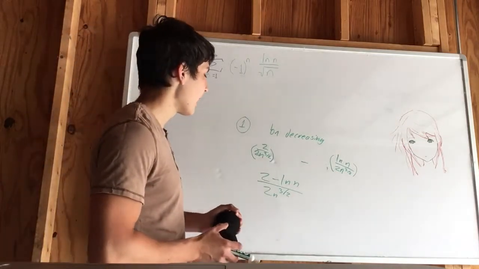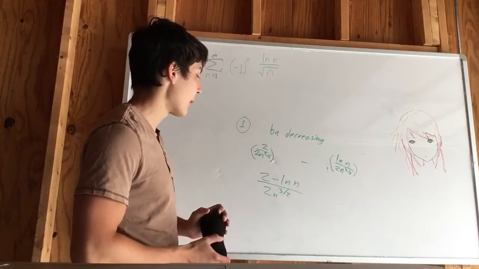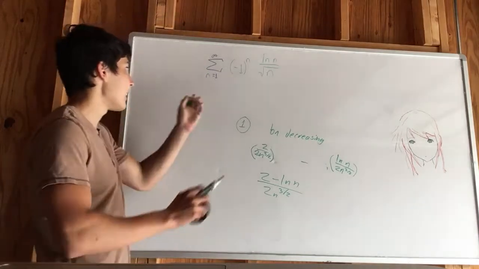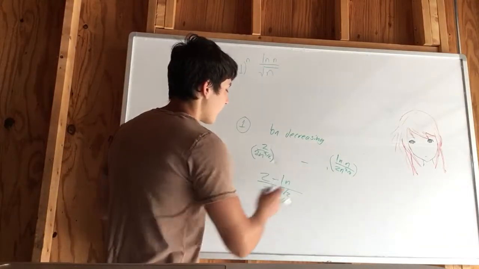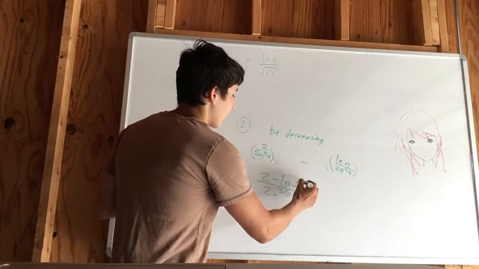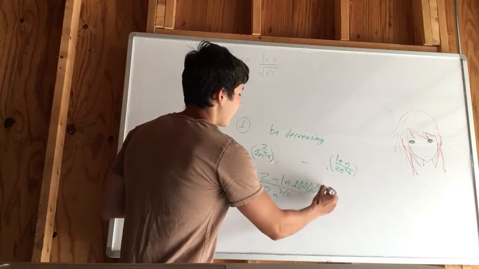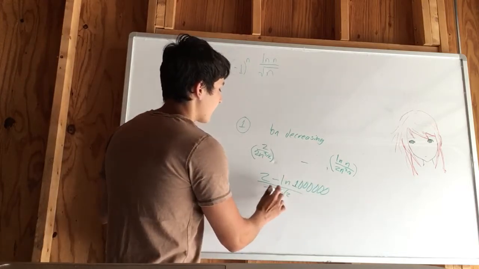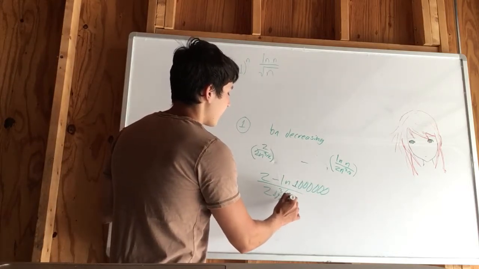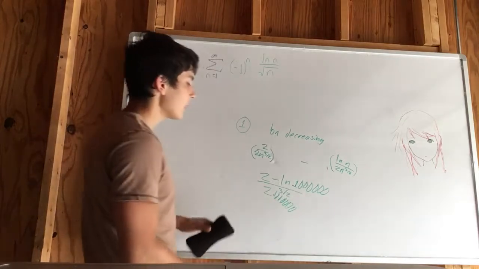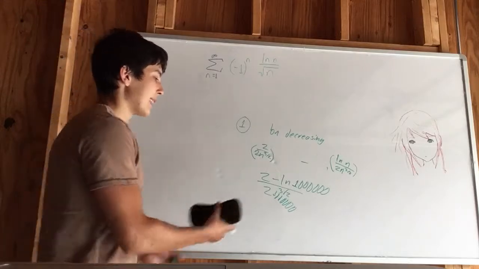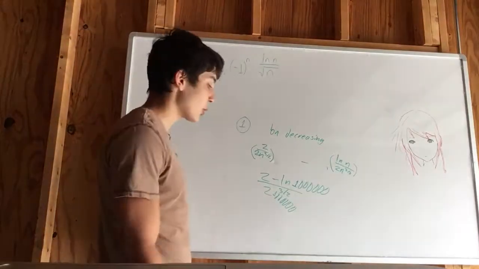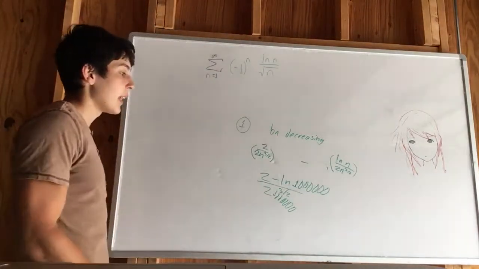2 isn't a very big number, and infinity gives you a lot of room to really go out there. So if you plug in the natural log of a very, very, very big number, and you also plug that very big number into the rest, you're going to get a negative number.